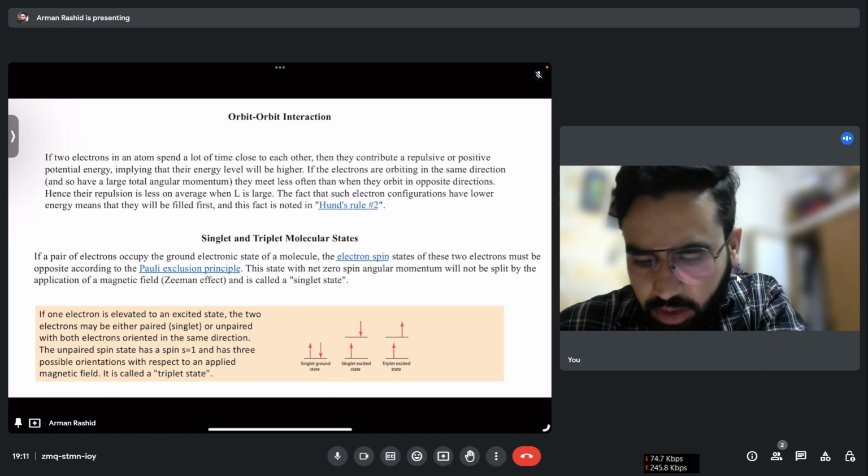Now an antisymmetric space orbital implies a wave function like psi 1 psi 2 minus psi 2 psi 1. This is a total antisymmetric wave function. Now if we take the square of this, that will give us the probability.